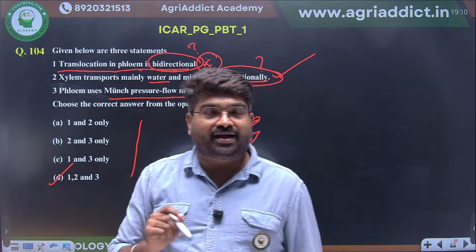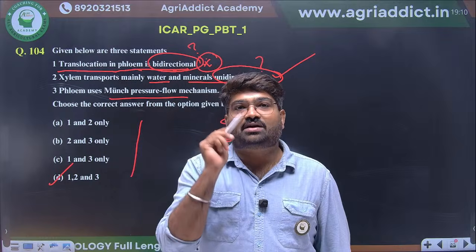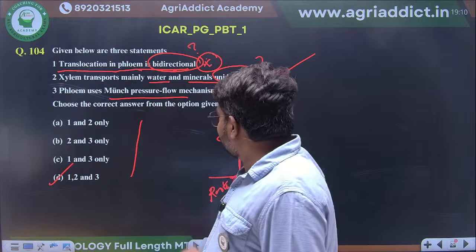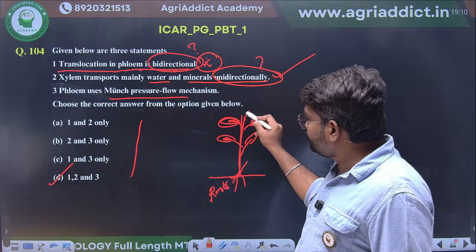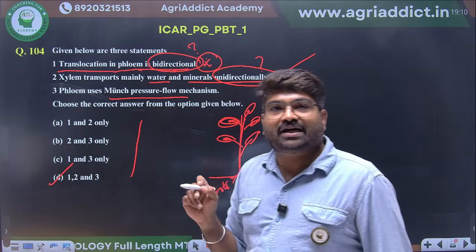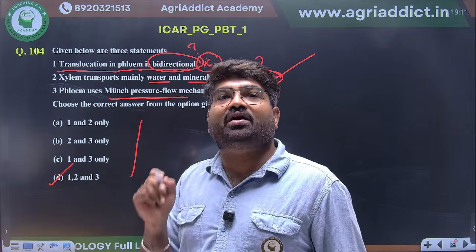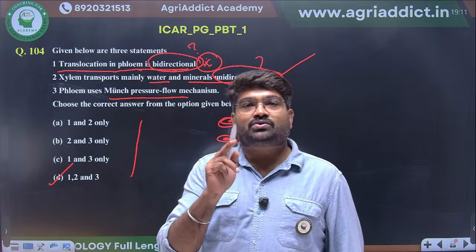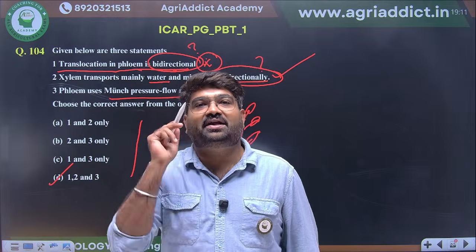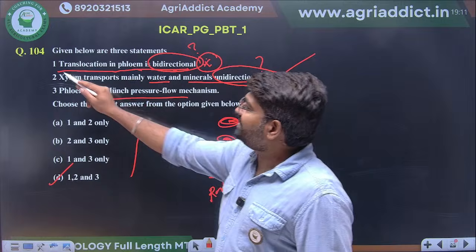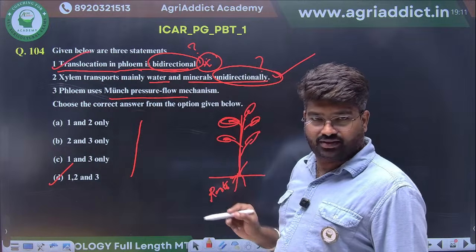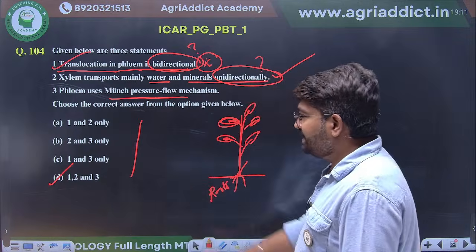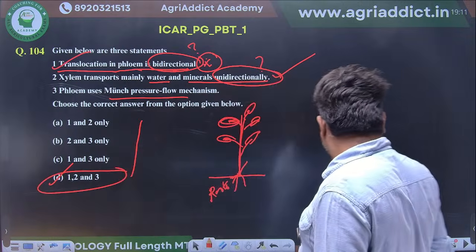As we already saw, during the senescence phase, the nutrients that are present in the leaf or shoot or wherever it may be, may be remobilized or relocalized to other parts of the plant. So there will be bidirectional transport. That's why translocation in phloem is bidirectional. This is clear, students. Read by concepts. Okay, D is the right option.